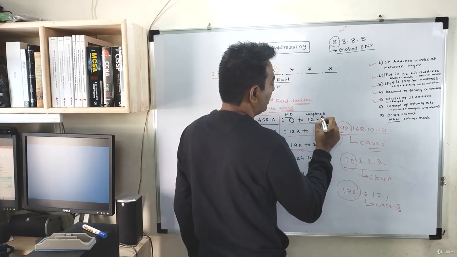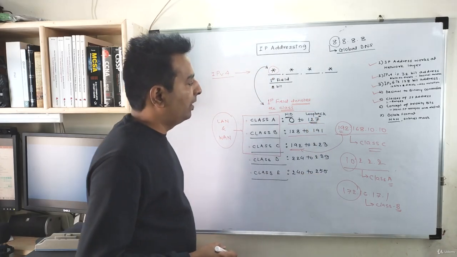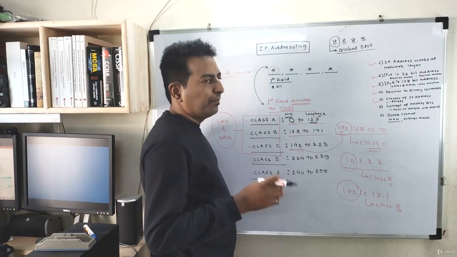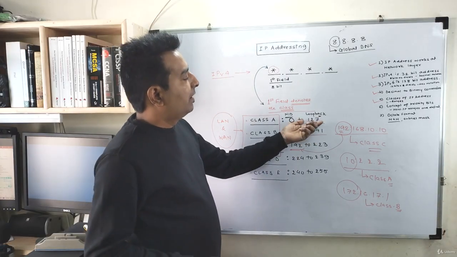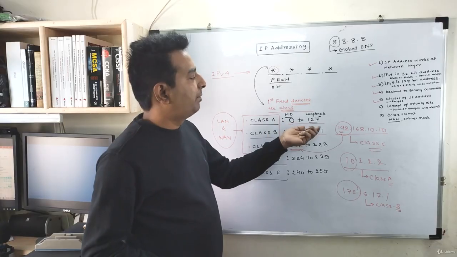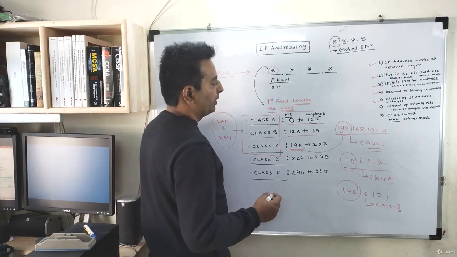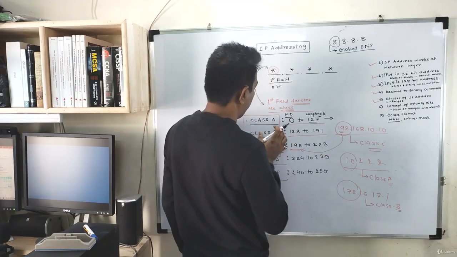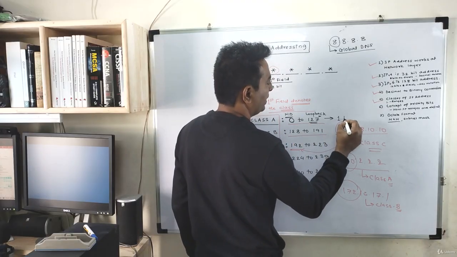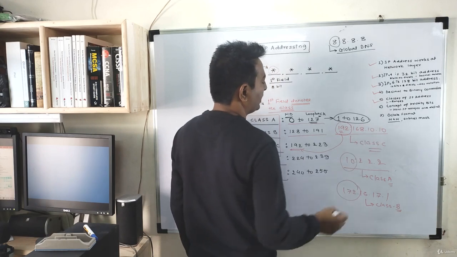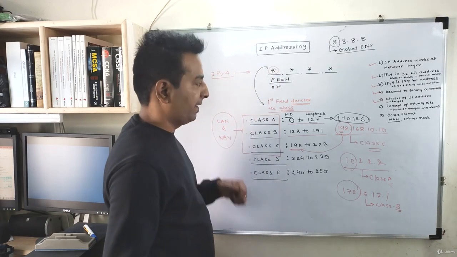So loopback address cannot be used again. So it can be used, but this will not help you connect to other systems on the network. So the actual range for class A is going to be 1 to 126.